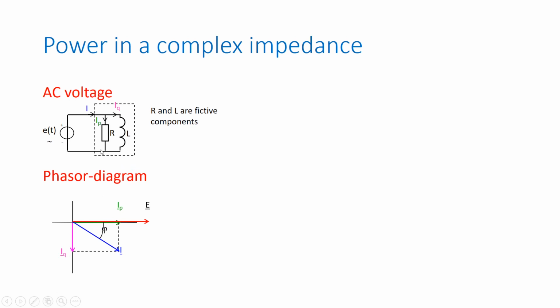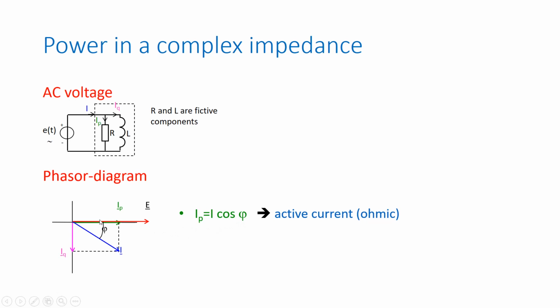And the summation of the vector IP and the vector IQ yields the vector I, which is the current over here. And that current I makes an angle to the real axis, which is equal to that angle phi, as we defined before. So now we can say IP is I times the cosine of phi. Why is that?